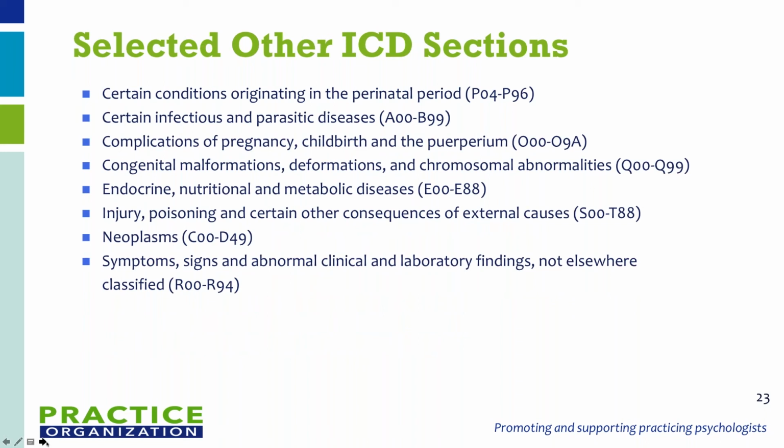Here we have some specific examples. The infectious or parasitic diseases are the A ones, complications of pregnancy are the O ones, injury, poisoning, and so forth are the S ones. And as I mentioned earlier, I hope that one day we will have access to all these different codes, but at the present time, they're very infrequently reimbursed for individuals doing the kinds of things that many of us are doing.